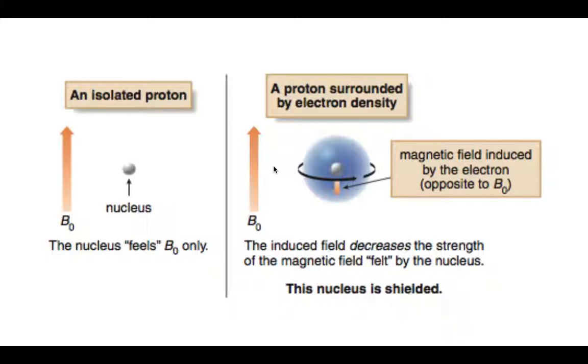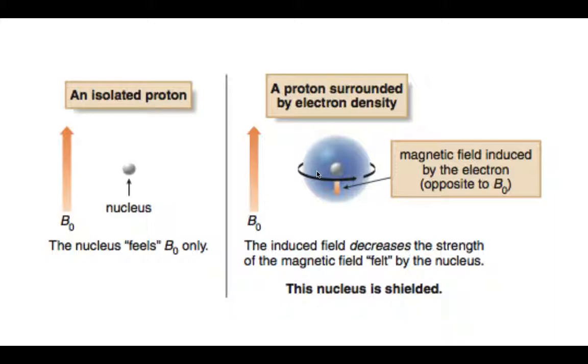Certain nuclei can have a more robust electron cloud around them, and some do not, because maybe they have an electronegative element nearby. Some hydrogens' electron clouds will be big, and that's very protective, shields it very well, and some hydrogens will have a very small electron cloud because their electron density has kind of been taken away from them, and that's not going to shield them nearly as well, and they'll be more exposed to the magnetic field.